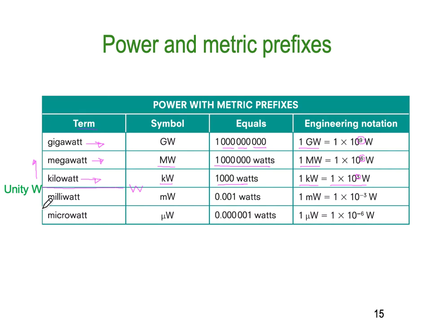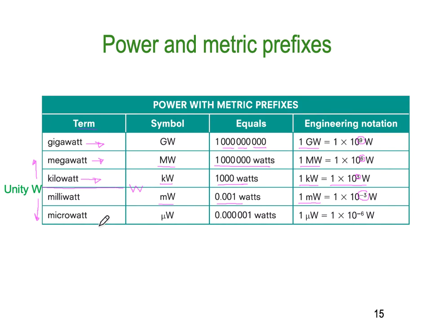Let's go in the opposite direction now from unity and go down, and we've got the milliwatt. Small m, big W, that's a thousandth of a watt, or 0.001 of a watt, written as 1 mW, or 1 times 10 to the minus 3, because we're going down smaller, it's minus 3.